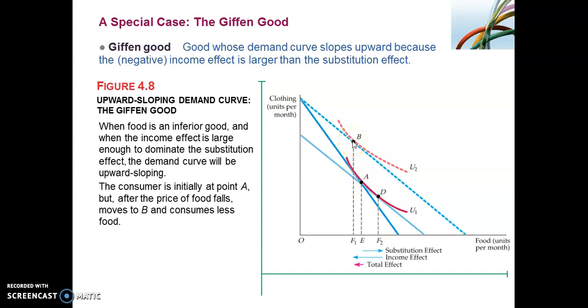So, more clothing would be purchased instead, and that is reflected by this movement from D to B, or the total income effect is from D to B. We can see it is reflected by F2 to F1. Point B is on the new budget constraint on a higher indifference curve U2. So that is the bundle that the consumer chooses.